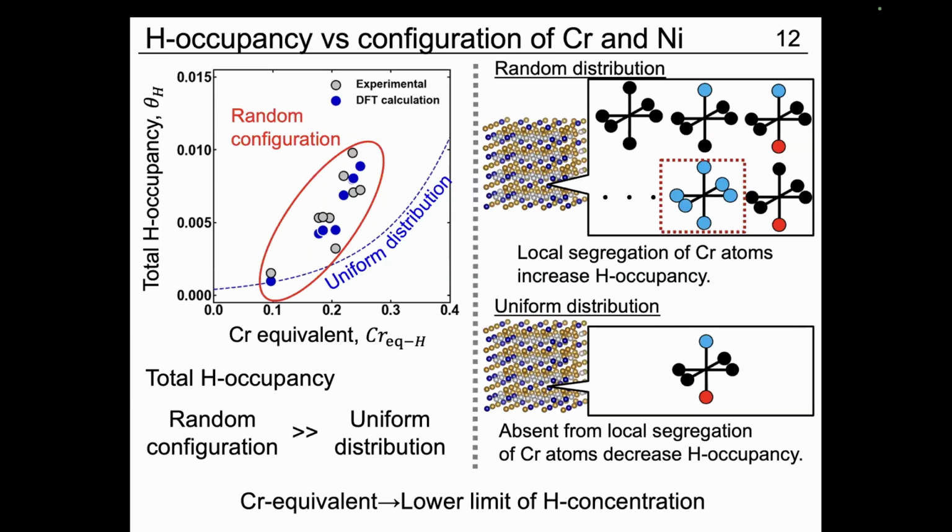At these sites, the hydrogen absorption energy is very small, so the hydrogen occupancy can increase. However, in the uniform distribution, there are no segregation sites, so the hydrogen occupancy decreases compared to the random configuration. So we can conclude that the chromium equivalent represents the hydrogen solubility concentration of ternary systems.